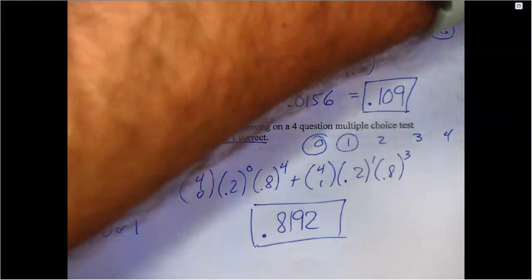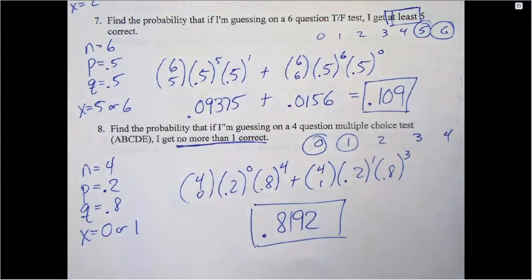So I got 0.8192. Okay, there you go. Sorry if I slowed you down. If you have questions, please ask.